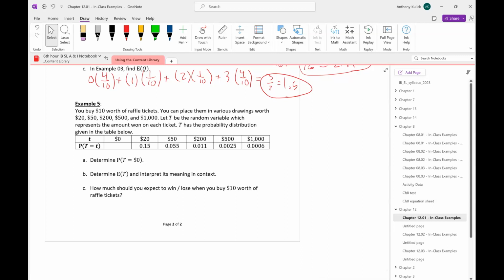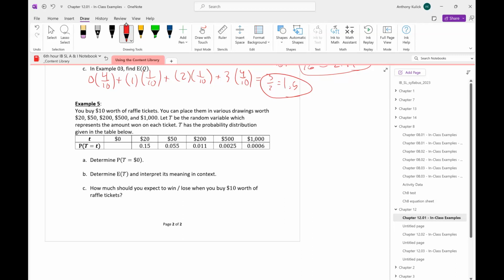It says you buy $10 worth of raffle tickets. You place them into various drawings worth $20, $50, $200, $500, and $1,000. Let T be the random variable which represents the amount of money won on each ticket. T has the probability distribution given in the table below. Determine the probability T equals 0.